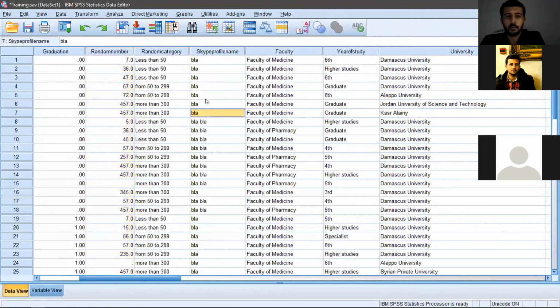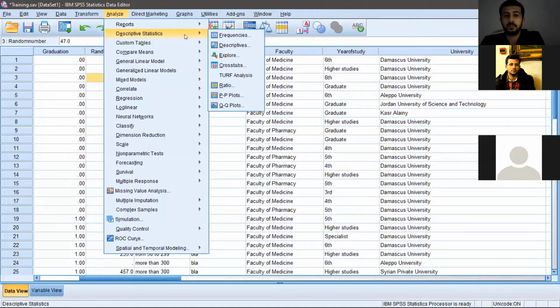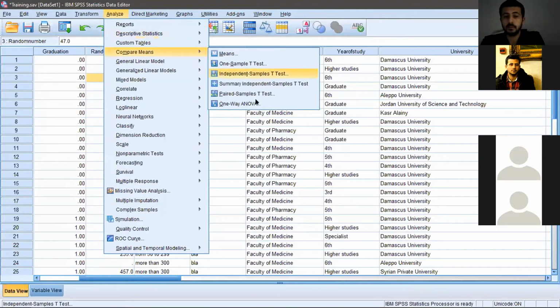So after that, we talked about the post-hoc analysis for Anova test. Do you remember how to do it? Analyze descriptive statistics. Is that right? No, I think we took it from the compare means. Compare means, one-way Anova.